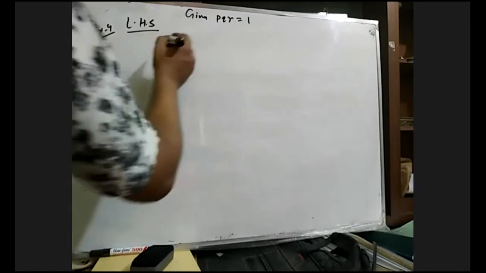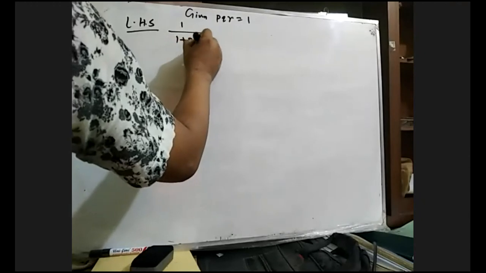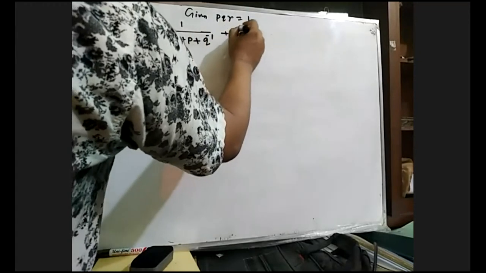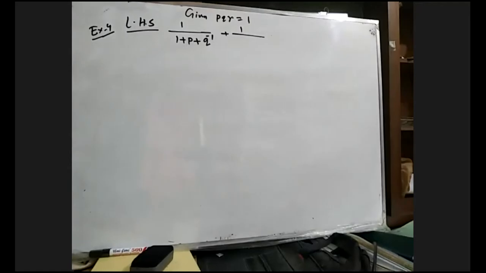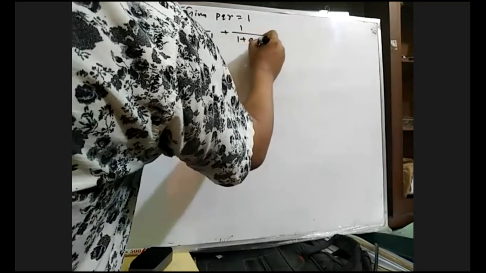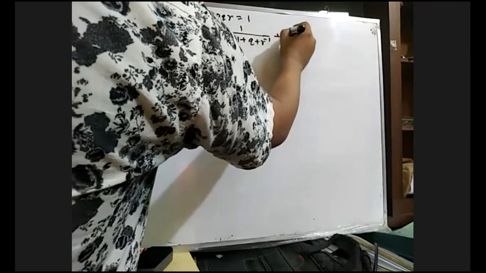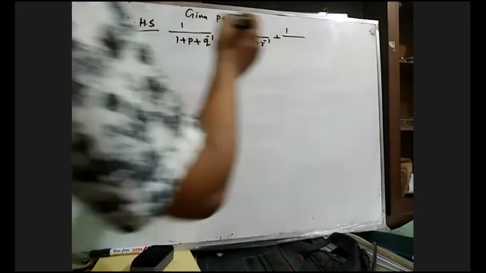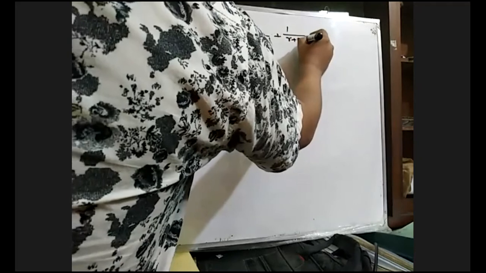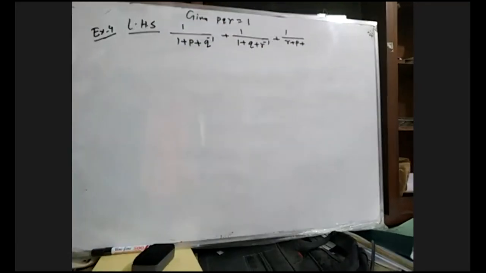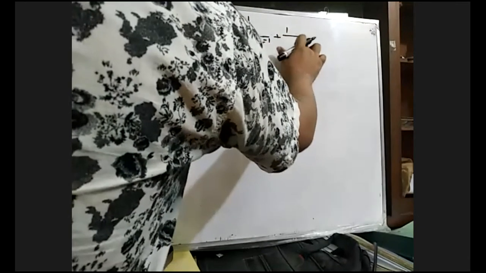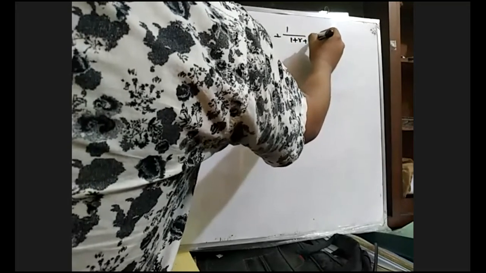Okay, and we have to show that 1 divided by (1 plus p plus q to the power minus 1) plus 1 divided by (1 plus q plus r to the power minus 1) plus 1 divided by (1 plus r plus p to the power minus 1) equals 1.